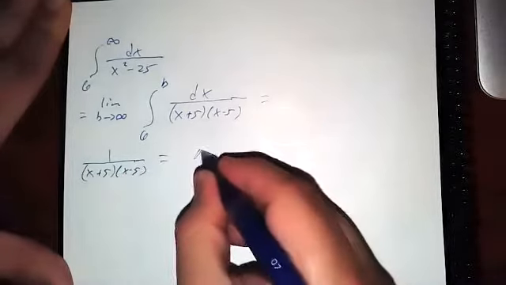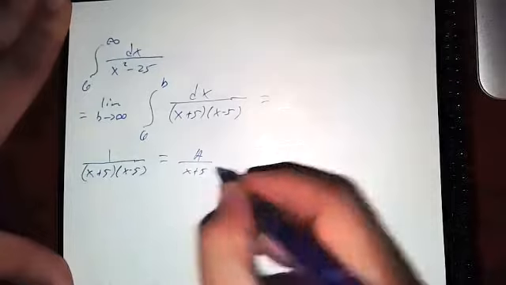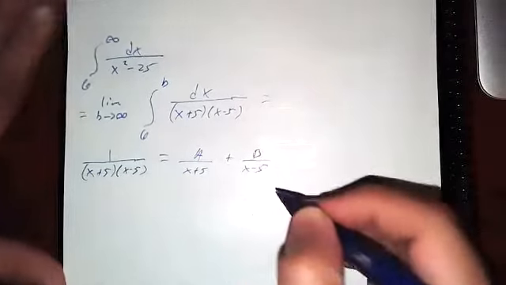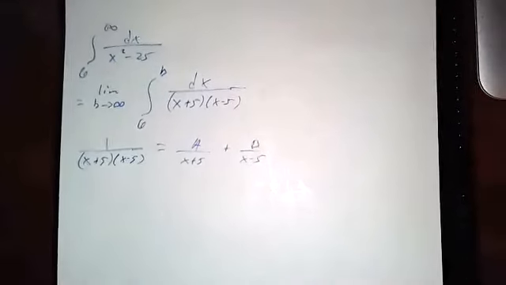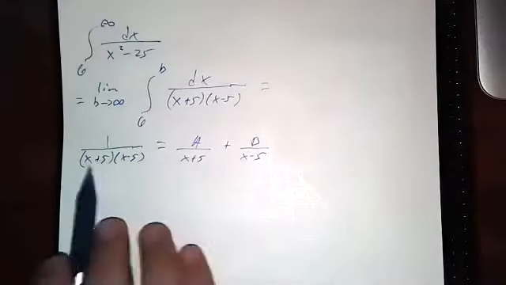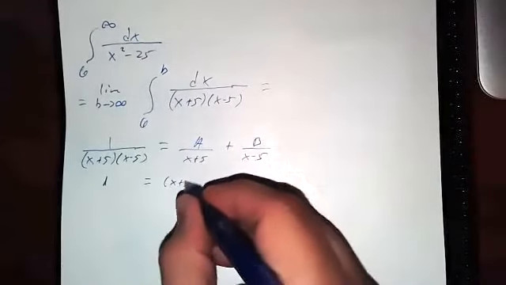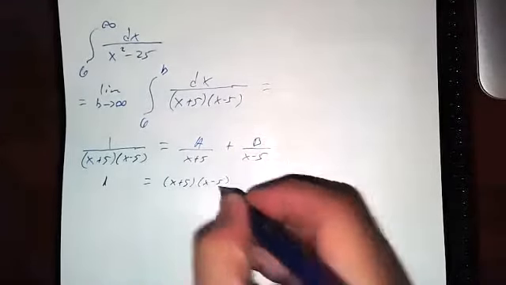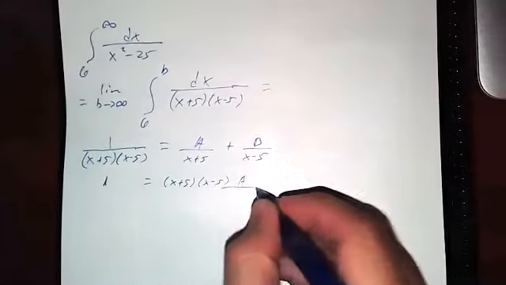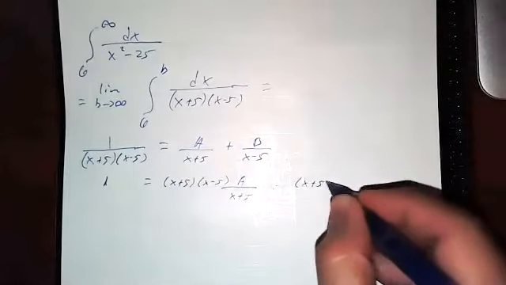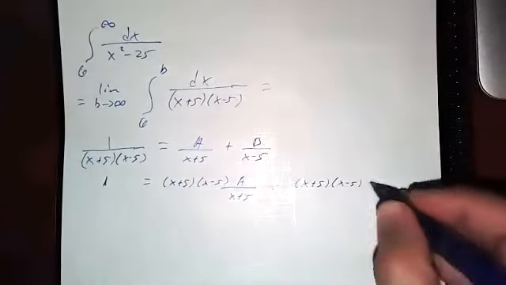They're equal to a over x plus 5 plus b over x minus 5. So multiply both sides by this denominator. That will leave me with a 1 over here. Skip a small step here. Let me know if you have a problem or if I confuse you. I'm going to show the cancellation over here just in case I did not show it on the left.